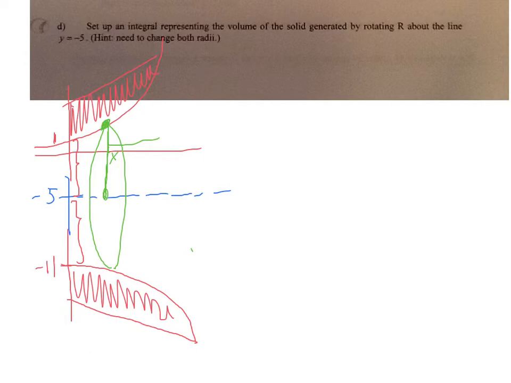But nonetheless, that value is going to be e to the x minus -5. Now, if you think about it, that may not make sense to you. You may be saying that you have to add 5 to it.